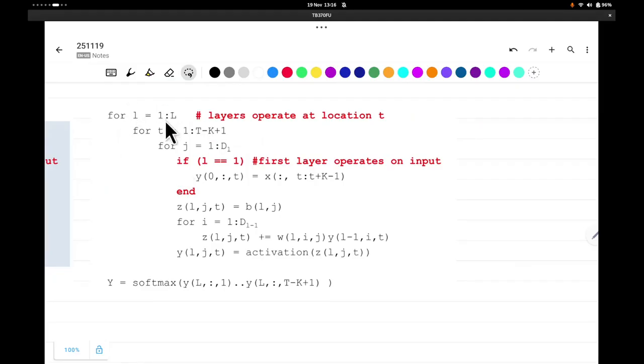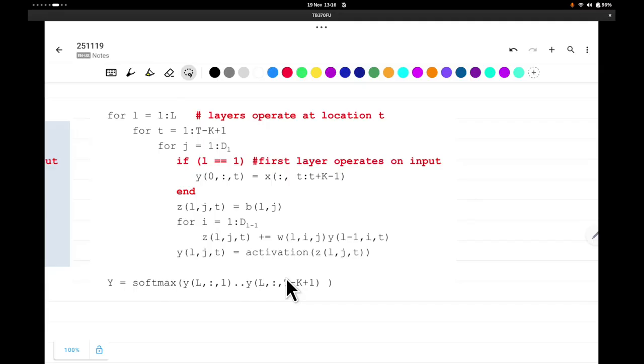But from the conceptual point of view, it is very nice because we say that each layer goes over the whole signal. Now we loop over the time, so we are giving to the first layer the signal at different times, and then we propagate it through the next layers, after the whole signal has been ingested by the first layer.